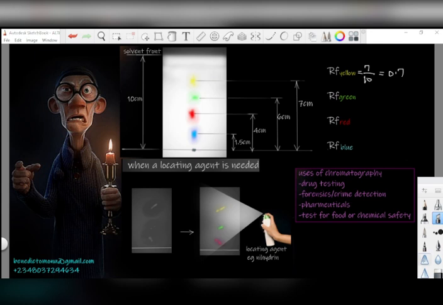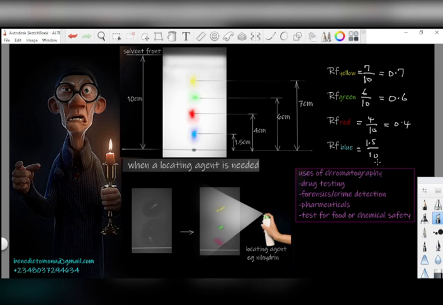If we do the same thing for the green color, the distance traveled by green from the origin is 6 centimeters, while the distance traveled by the solvent is 10 centimeters, so we have 6 over 10, which is 0.6. For red, it will be 4 over 10, which is 0.4. And for the blue color, it will be 1.5 over 10. What is 1.5 over 10?